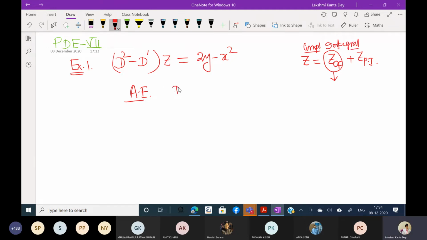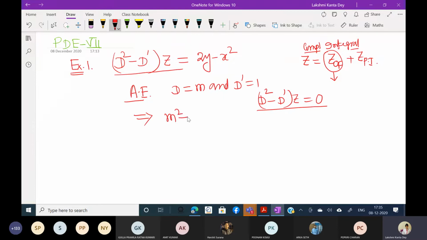So how to find it? We put D equal to m and D dash equal to 1 in the associated homogeneous equation, that means D square minus D dash, Z is equal to 0. So we get m square minus 1 is equal to 0, that means m is equal to plus minus 1.